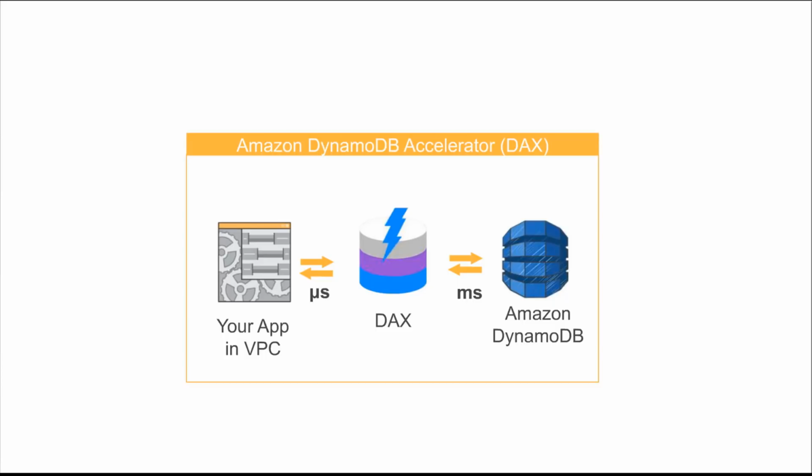Now, first, let's talk about DynamoDB Accelerator, also known as DAX. DAX is an in-memory write-through cache that accelerates read operations. It operates in a cluster form. It's a drop-in API compliant with existing SDKs, which are available as of right now in Node.js and Java.